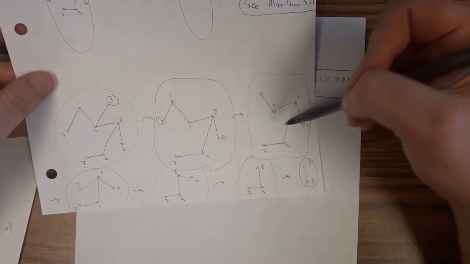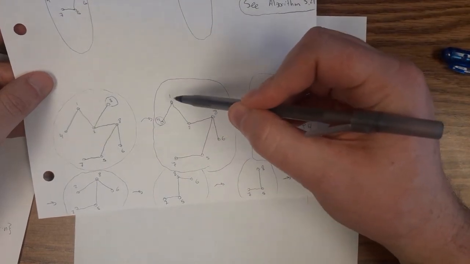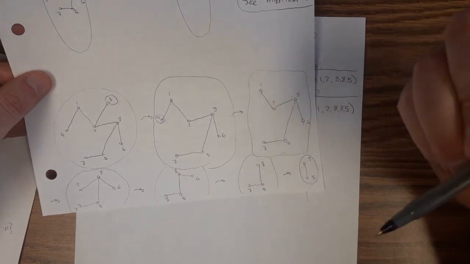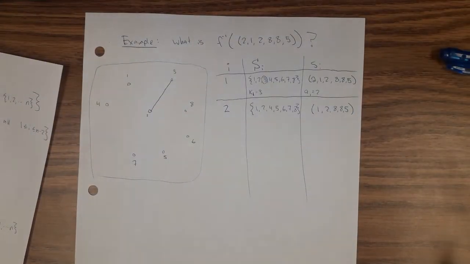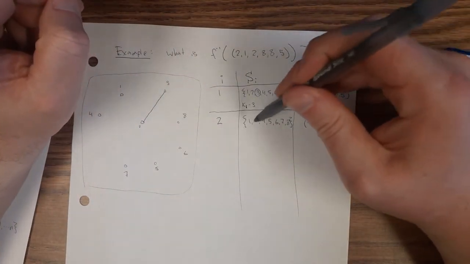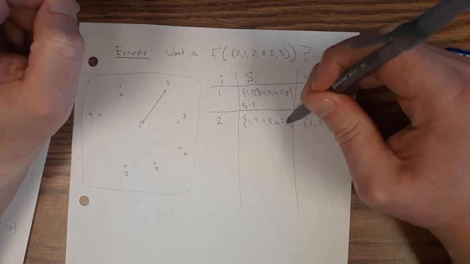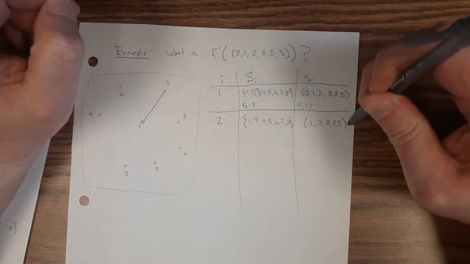Actually, look at the second edge that we removed. The second edge that we removed here was the edge from 4 to 1. And as we're about to see, that's the next edge that we're going to put back. Okay, so let's do it. I look for the smallest element here that does not appear here.